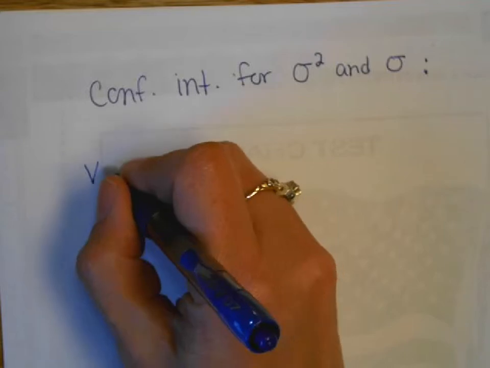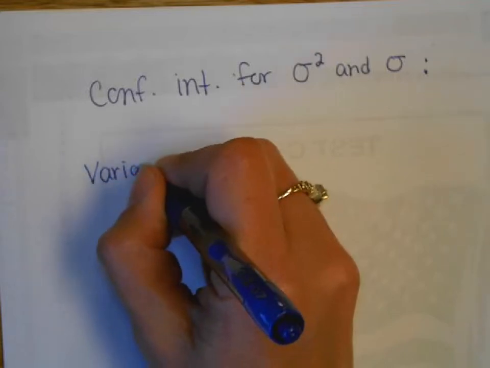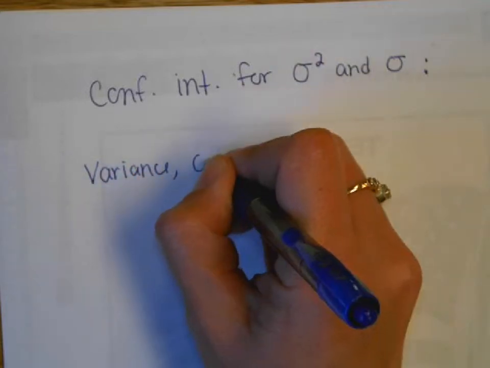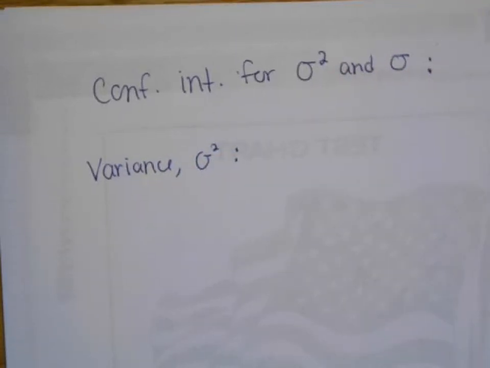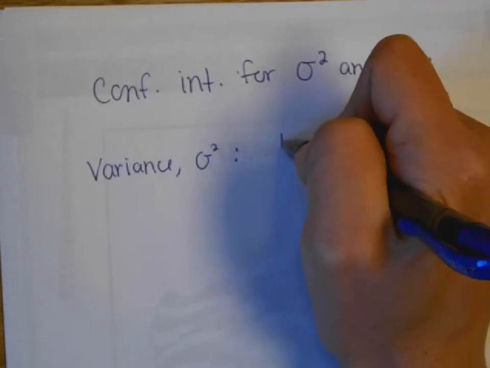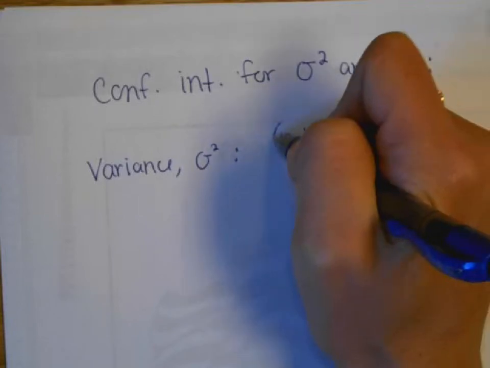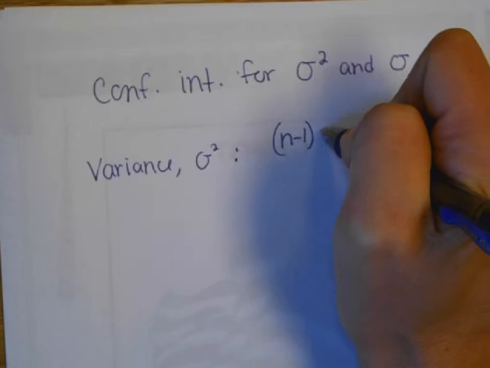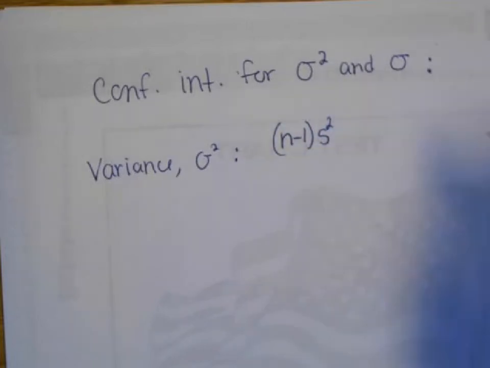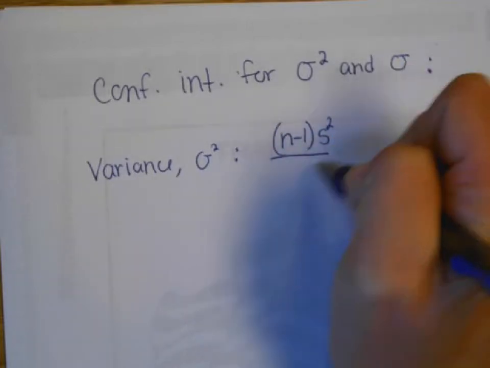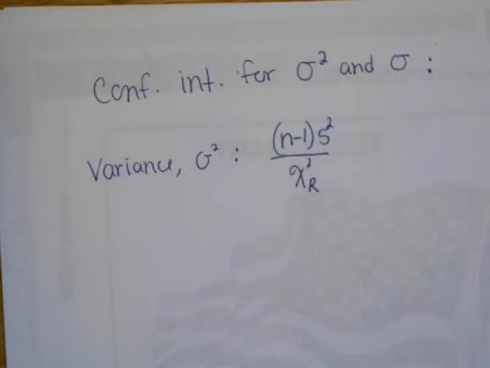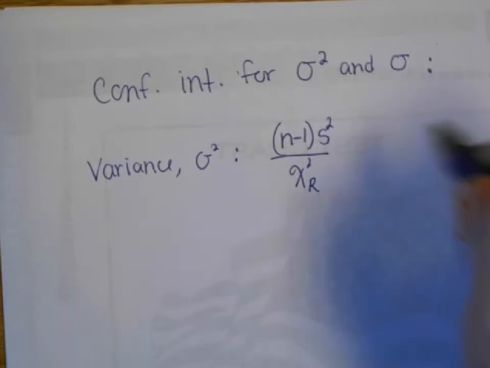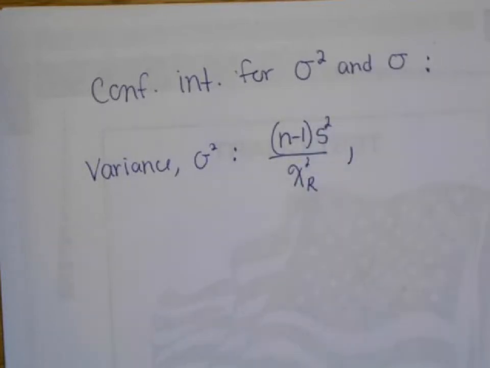So the variance formula: you're going to take n minus 1 times your sample variance, divide by the chi-squared right value. That'll give you the low end of your confidence interval.